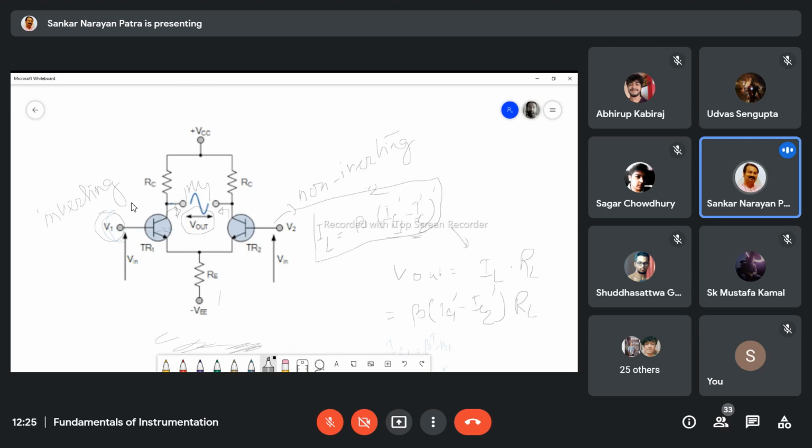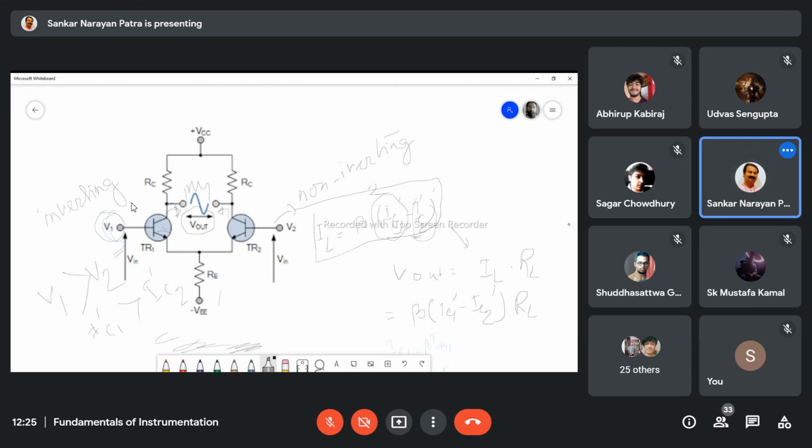What we'll find there is that if V1 is greater than V2, then what happens? IC1 definitely will be greater than IC2. If V1 is greater than V2, then definitely IC1 dash is greater than IC2 dash.